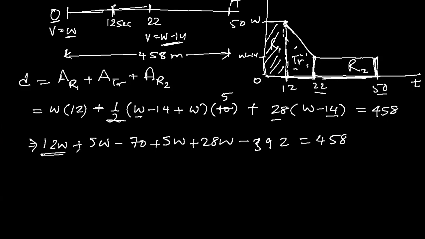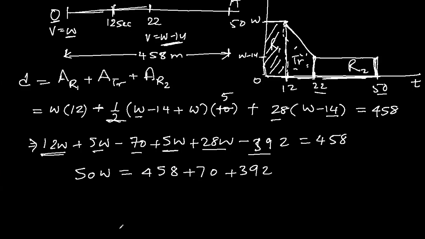Now let's add the W's. 12 plus 5 is 17, plus 5 is 22, plus 28 is 50W, equal to 458, and these 70 and 392 go to the right side. 70 plus 392 is 462, so 50W equals 920.